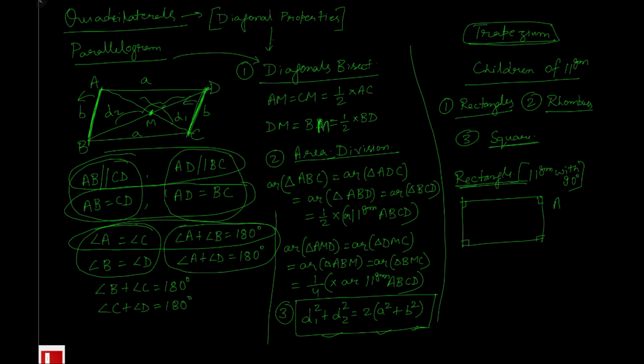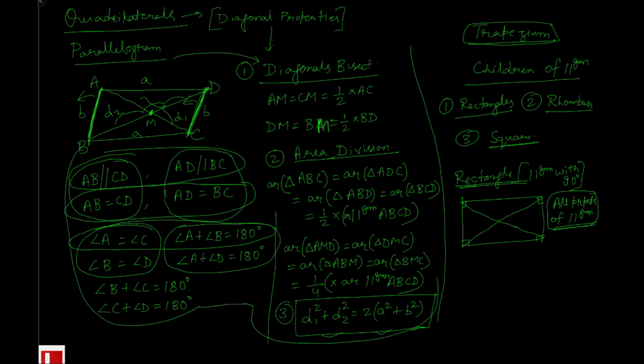So all properties of parallelogram, and some extra property. What are those extra properties? Very important, the diagonals are equal in case of rectangle. So whatever we did for the parallelogram is applicable to rectangle also, and the extra property will be diagonals equal.